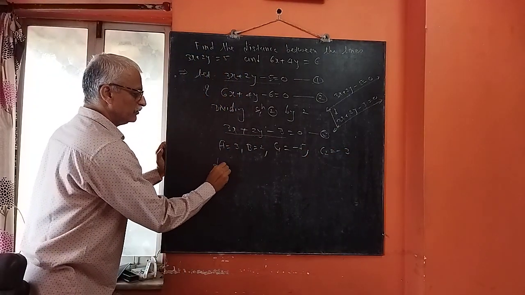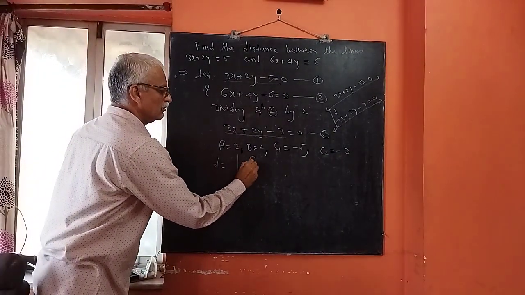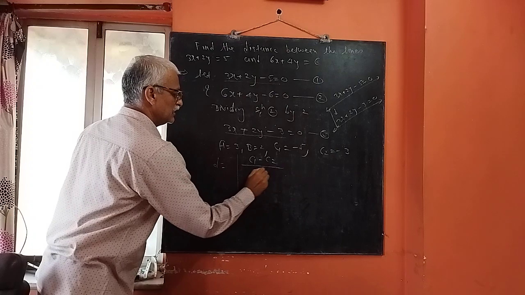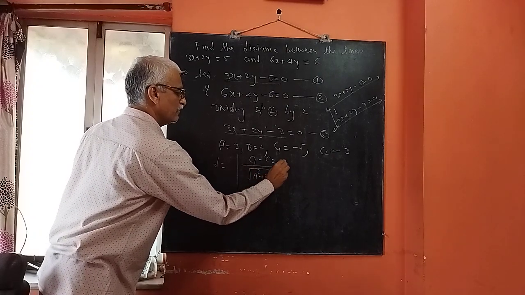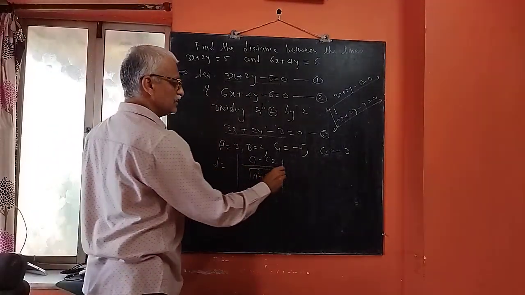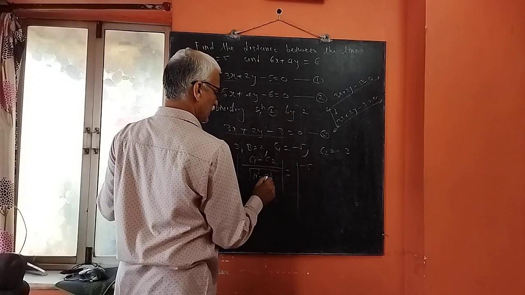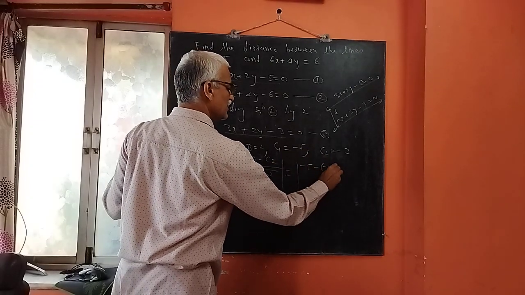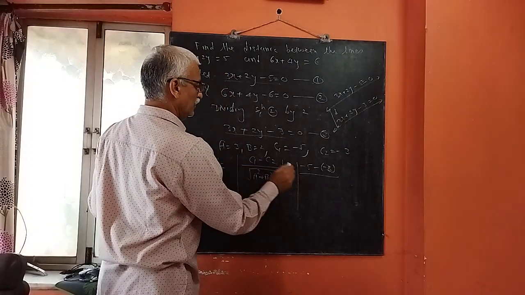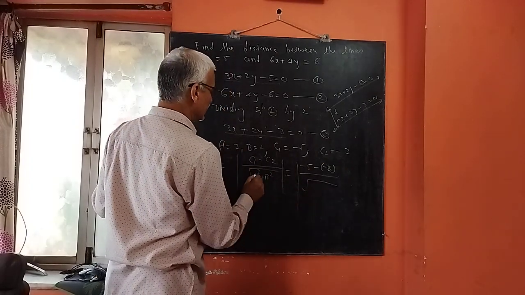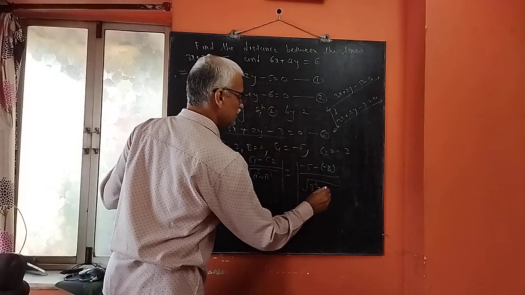Now the formula for the distance between two lines is D equals mod of C1 minus C2 divided by root of A square plus B square. Substitute values. This equals mod of C1, that means minus 5, minus C2, that means minus 3, divided by root of A square, that is 3 square, plus B square, that is 2 square.